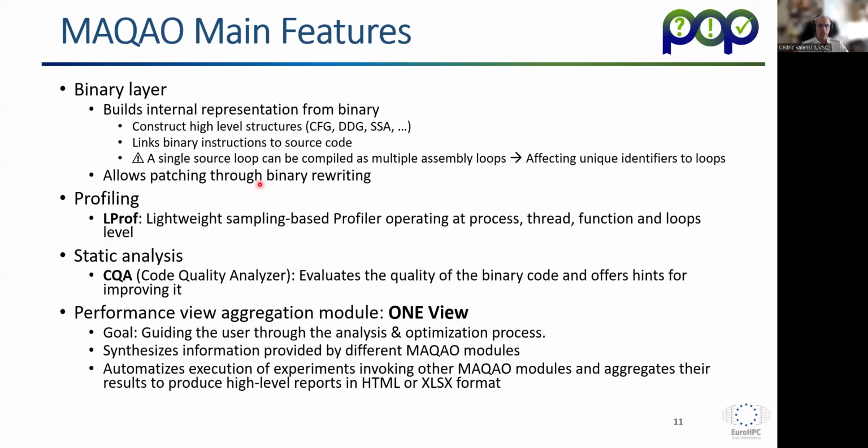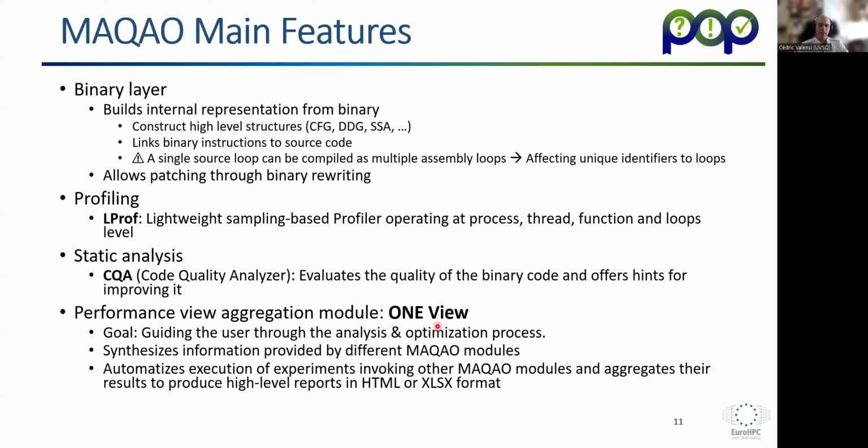Next, we have a profiling module that relies on sampling. Brian presented yesterday what sampling is about. Next, we have the static analysis code that will be working on the binary code to assess what kind of transformations the compiler performed.